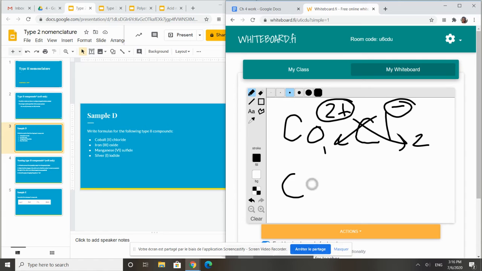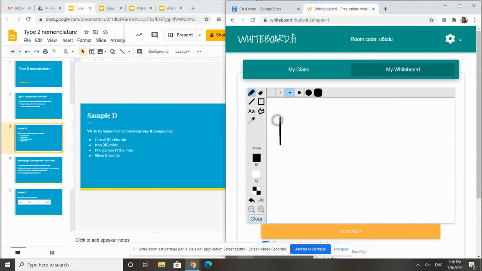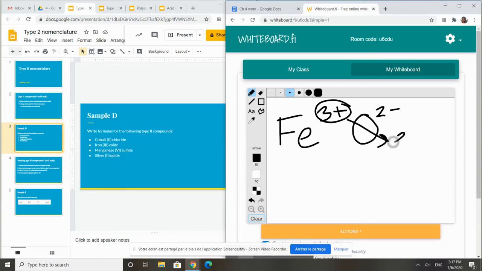So I get CoCl2. For the next one, I've got iron, and then it says 3, so that's going to be my charge. And then it says oxide. Oxygen's common charge is -2. So I have Fe2O3. That's just rust.